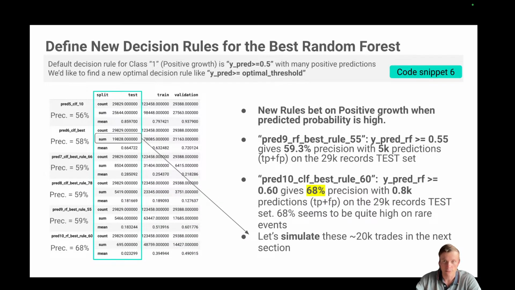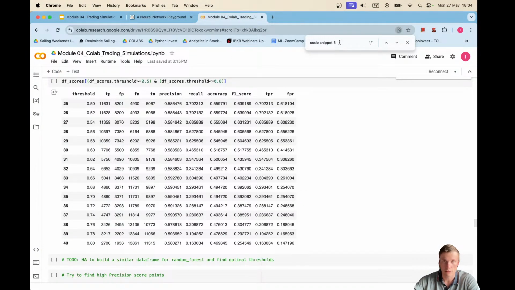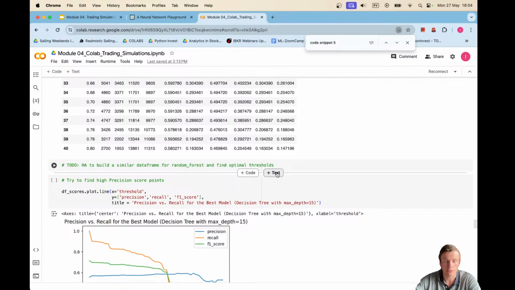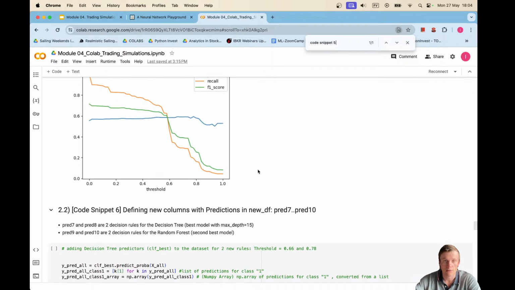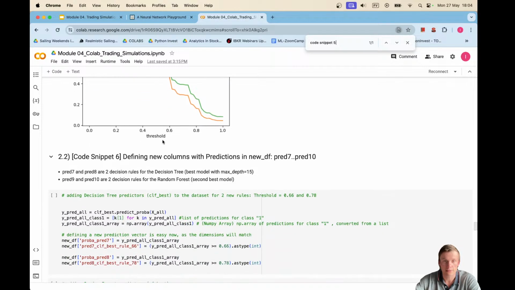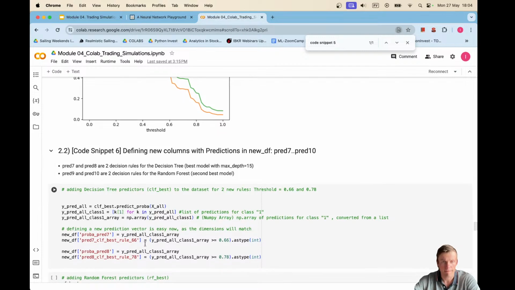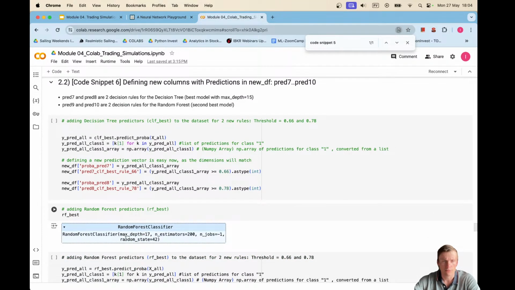So let's look at code snippet number 5 first. We have those tables defined, and now we do exactly the same thing, but for a random forest classifier.